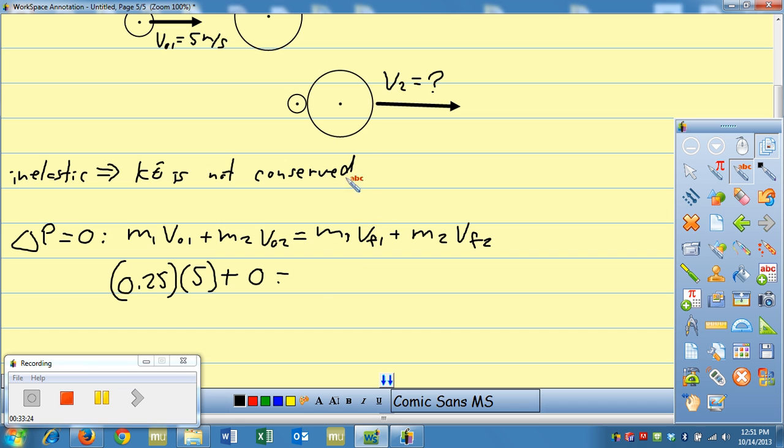Now, these two masses are together. Okay, so we've got, let's see, we've got a 0.8 and a 0.25, right? So that would be 1.05. I'll just double check that. 0.8 plus 0.25. Yes, so our final mass is 1.05, and that's multiplied by our final velocity.